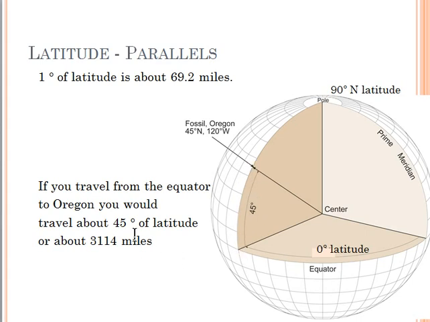Now, a degree of latitude is about traveling 69.2 miles. So basically, from the equator to Fossil, Oregon, if I could travel in a straight line as the crow flies, I would be traveling about 3,100 miles across the Earth's surface.